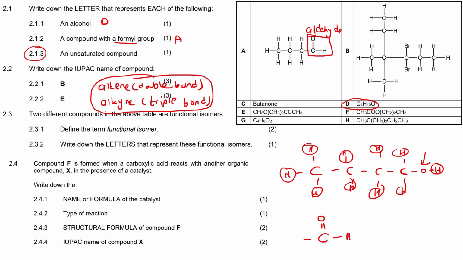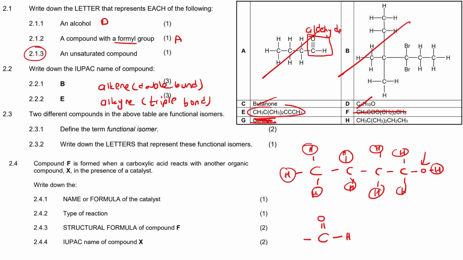So it's only an alkene or only an alkyne. So it can't be that, it can't be that. We've already looked at that one. It's not that one because that's a ketone. It can't be that one because it's got oxygen, and it can't be that one because it's got oxygen. So it's going to be either this one or this one over here.